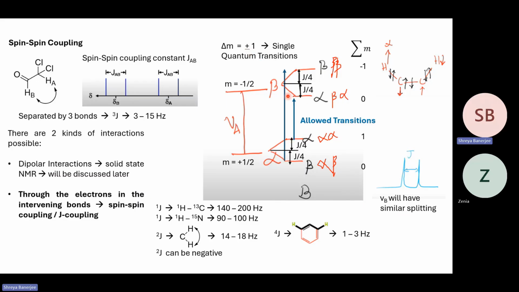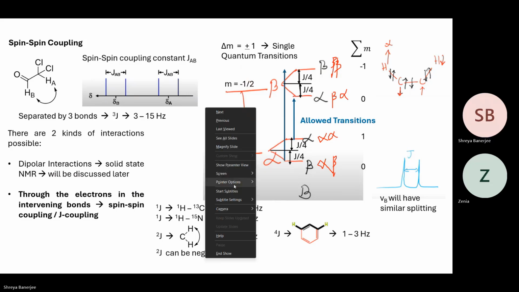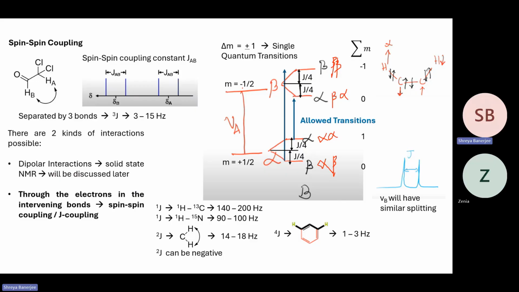Now, there are two transitions that are allowed. Here, when there were only two energy levels, you were observing one peak. Now, since there are two allowed transitions, you will observe two peaks.